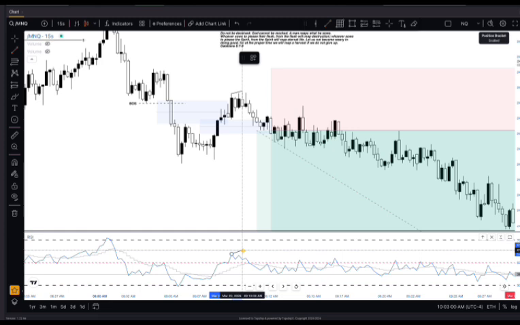If a higher high was created plus a lower low, it would simply be, okay, this higher high, and then the lower low would, let's say, go below this. There's no clear direction in price at that point, so you don't want to see that. This is what you want to see.